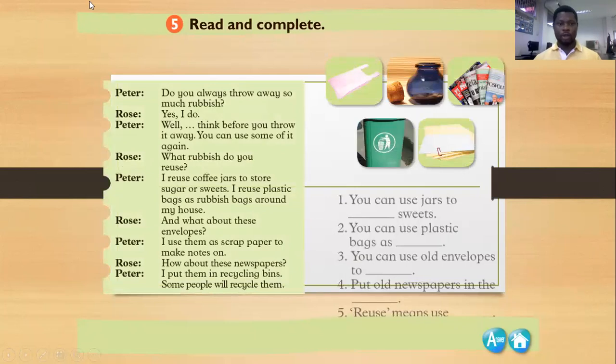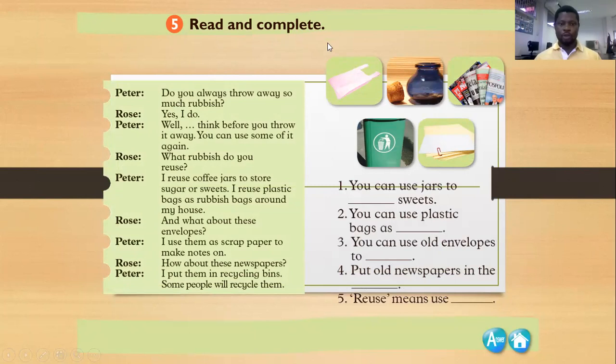Okay, so here we are going to read and complete. Now you have Peter and Rose, and you have this question. So let's read together. Do you always throw away so much rubbish?